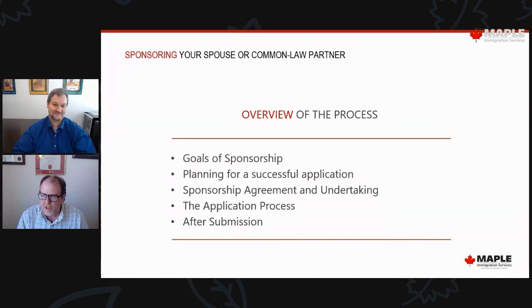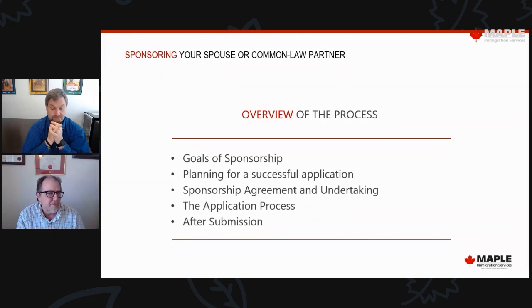So once the application goes in, what happens after you submit it? Like all immigration applications, it's checked for completeness by the processing center. All applications, regardless of if you're in Canada or out of Canada, are still paper-based.